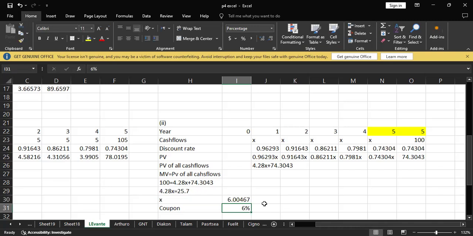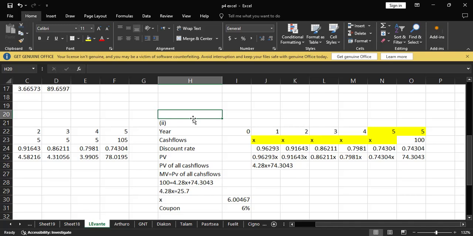The only point here is that the examiner has not given you this coupon, so we will mention this coupon as X. The discount factors, we already know, are the spot yield plus spread. We will compute them. And in the last year, we have the redemption value. So we will compute the present value.